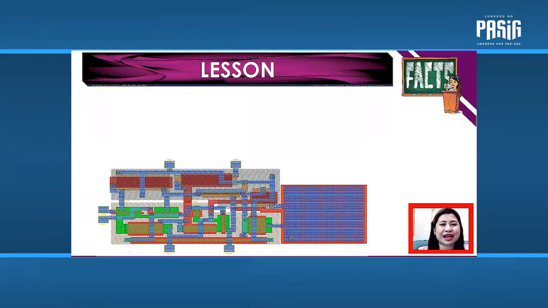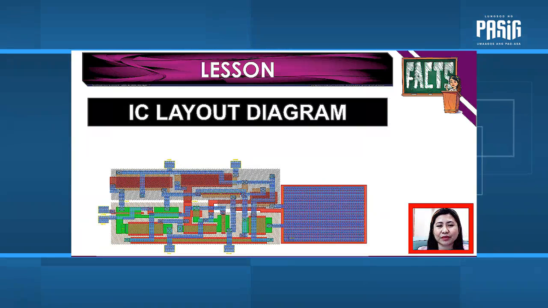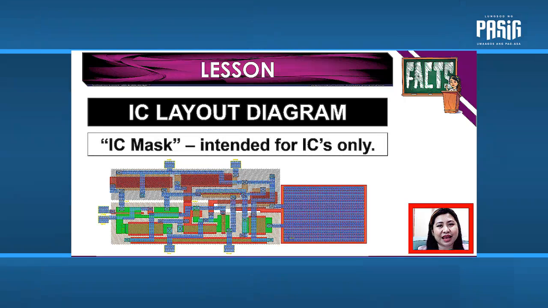And for the last one, we have IC layout diagram, or also known as IC mask, intended for ICs only. IC stands for integrated circuit. It refers to the internal design of a semiconductor component. It is made up of multiple layers or mask of metal oxide and semiconductor material to form an integrated circuit.